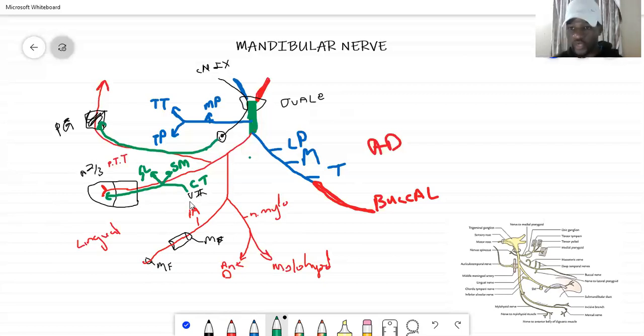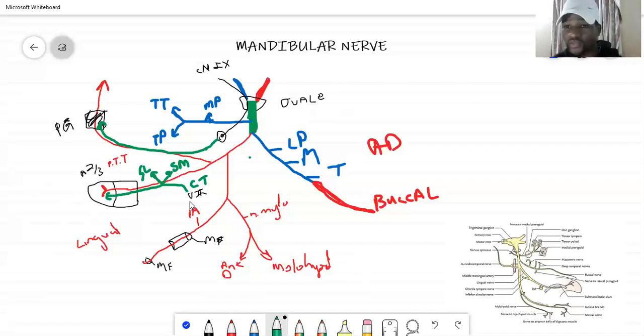So what you have to understand is that all of the glands in the head, take note, all of them, are supplied by the facial nerve, except the parotid gland. So if they ask you about any gland, lacrimal gland, nasal gland, palatine gland, and what nerve innervates them, you just say facial nerve.